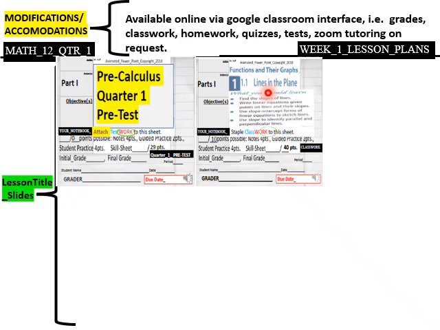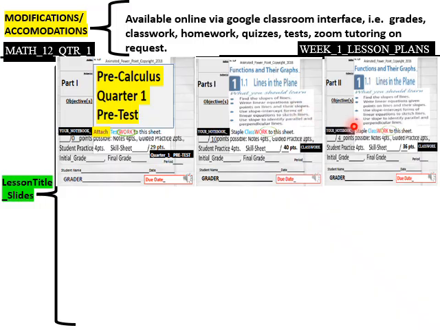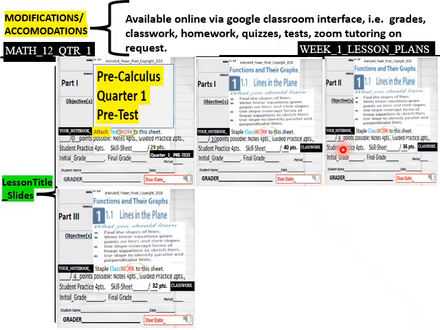That's classwork of 40 points for 1.1 part 1. Then 1.1 part 2 is classwork for 36 points, with 4 points of note taking. And then 1.1 part 3 classwork is 32 points, with 4 points of note taking.